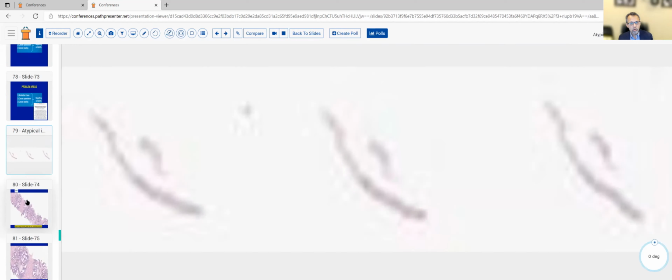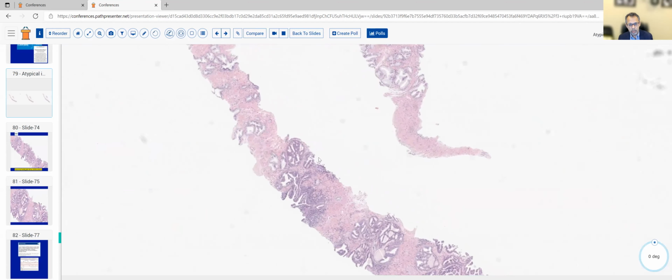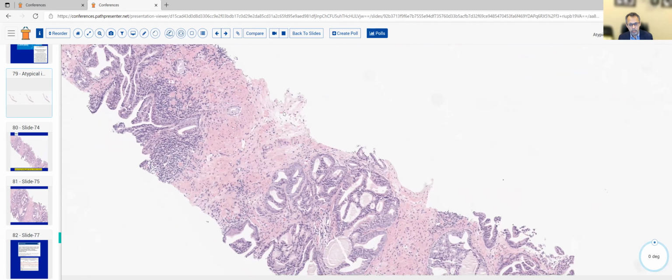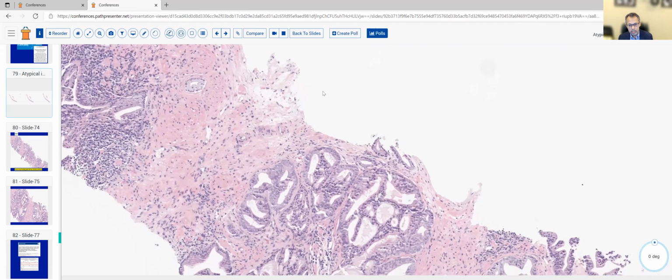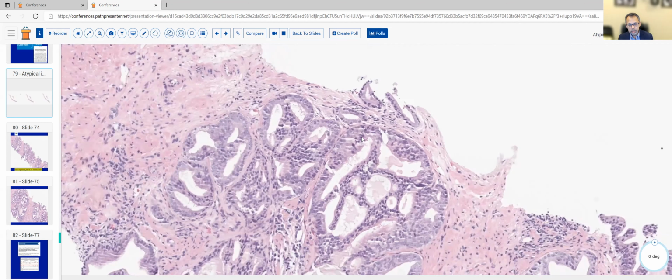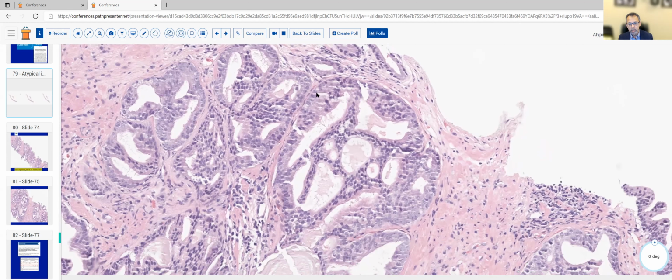So with that, I move to my last case, a digital slide. In this one, you can see there is a proliferation of these large atypical cribriform glands. You can beautifully see the amphophilic cytoplasm, and the cytology is very atypical in these glands.